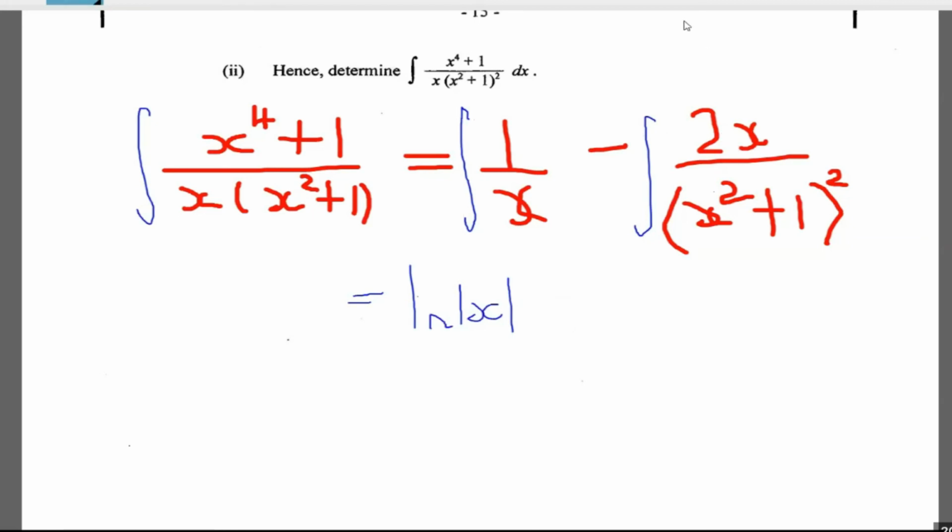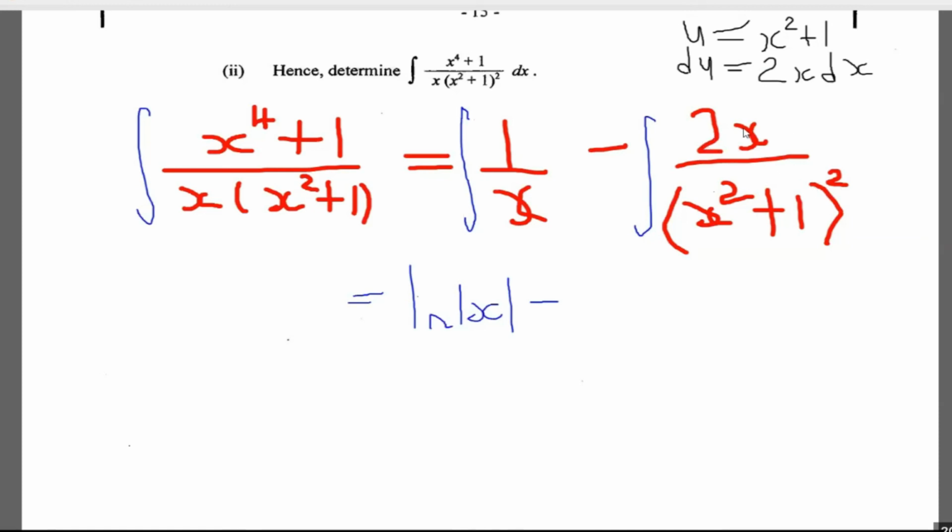For this part right here, I'm going to write it in black. I'm calling u x squared plus 1. If u is x squared plus 1, then du is equal to 2x dx. Now, we're going to get minus the integral of 2x over x squared plus 1 all squared.